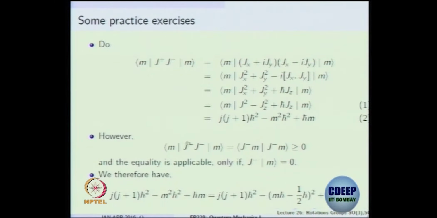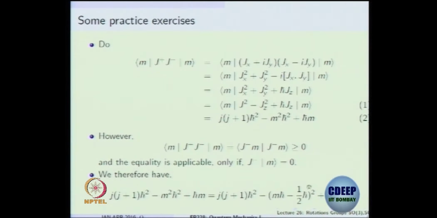This is what I was arguing for you, that J minus on M, you can put it as a ket, and then the dual ket will be like this, and this is positive definite, and equality equal to 0 will happen when you have a state which has a lower bound. So J minus on that lower bound state is 0. This also comes automatically from here.